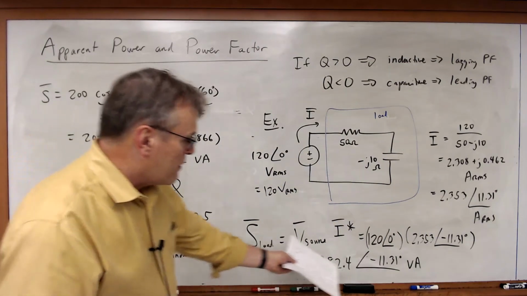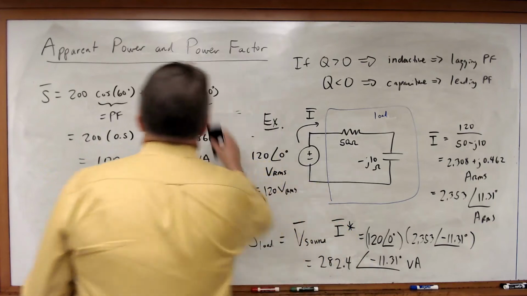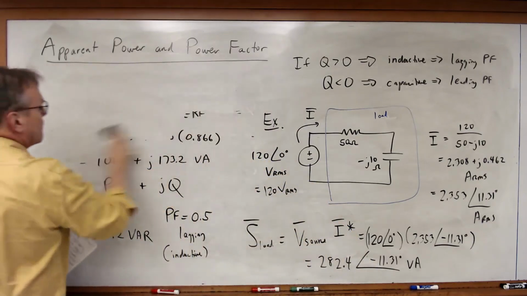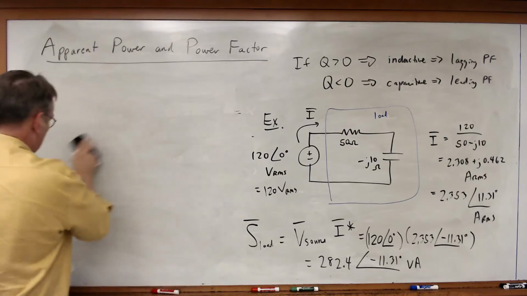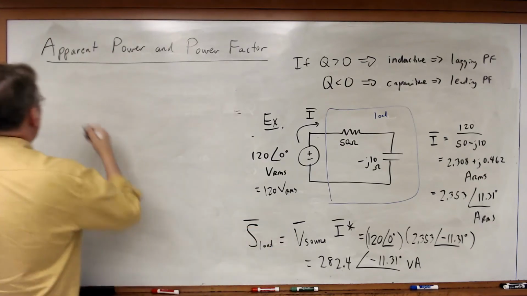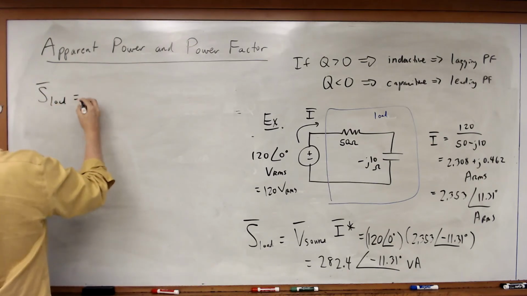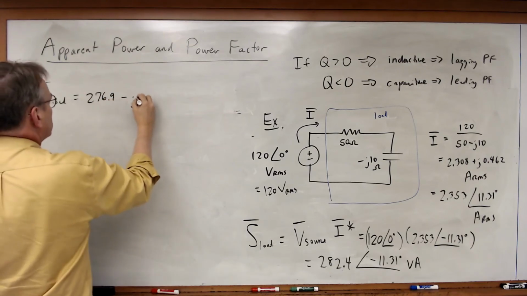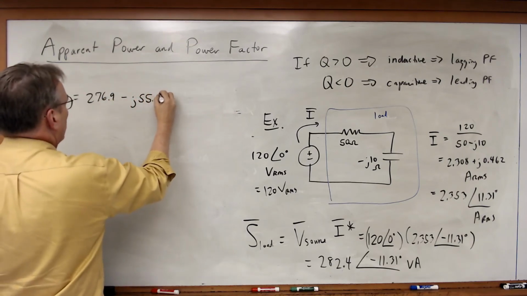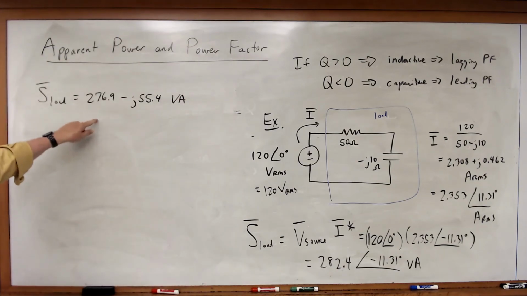Now, if I convert this to rectangular form, I'll get the following. In rectangular form, this becomes 276.9 minus j55.4 volt amperes. Okay? This makes sense.